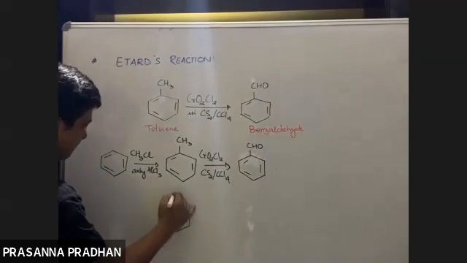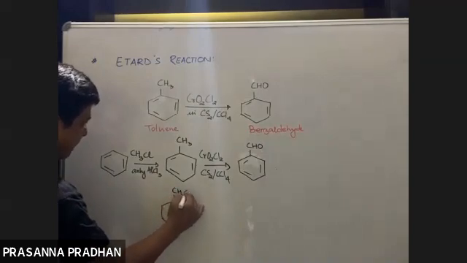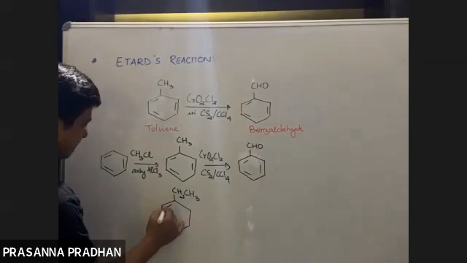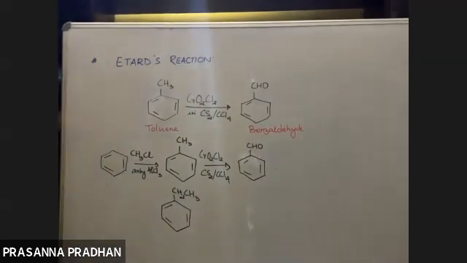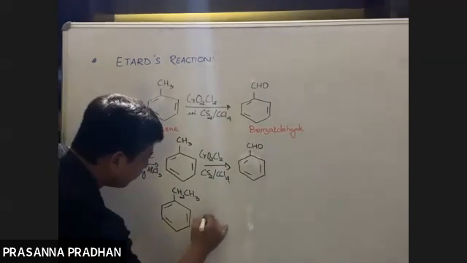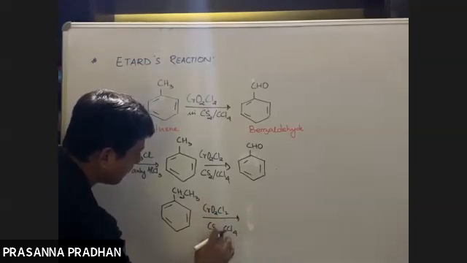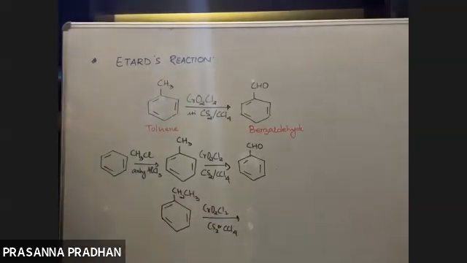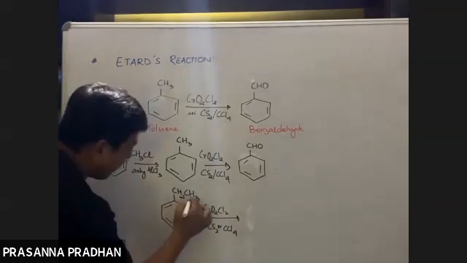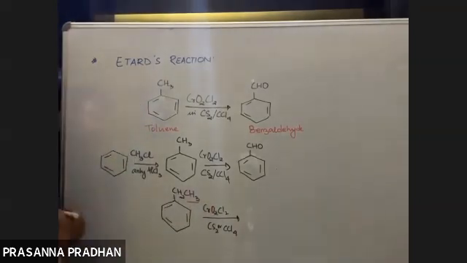For example, suppose I start with ethyl benzene. Now, what if I treat this with the same reagent CrO2Cl2 in either CS2 or CCl4 medium, not slash, this will be or. क्या होगा यहाँ पर? Now, just look at the last alkyl group where we have a methyl group. यहाँ पर क्या हो रहा है?